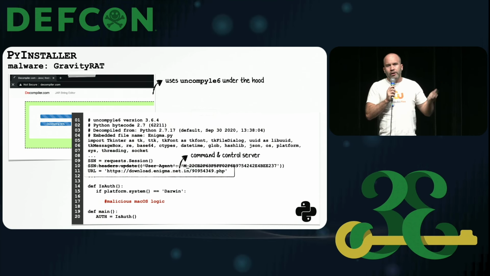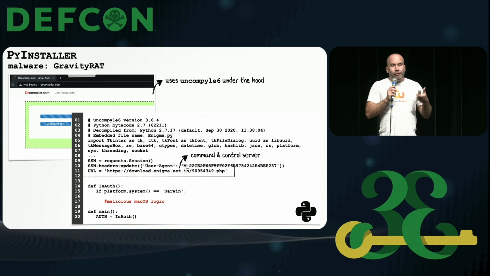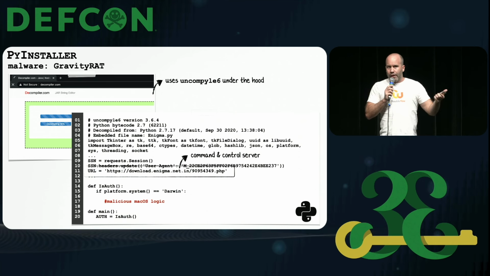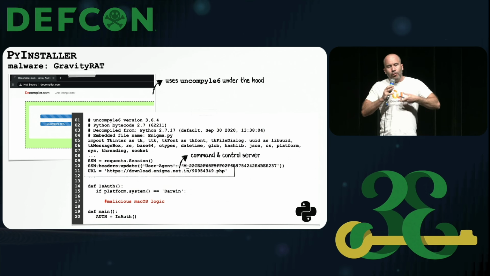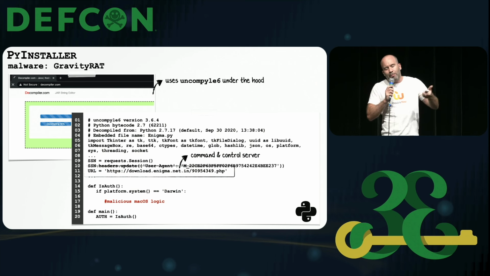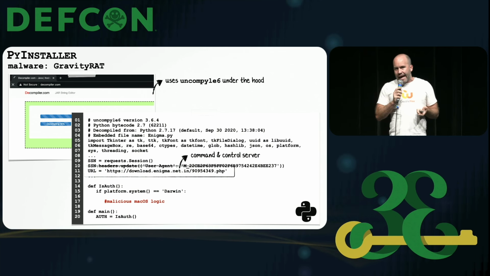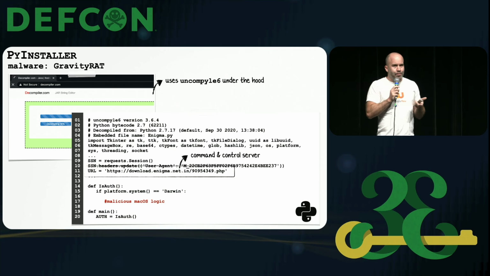So you can just upload it to one of those or use the uncompyle command line utility. And if we do that with GravityRAT, the sample that we're looking at here, we can see this reconstructs or recreates the original Python source code or a representation thereof. And as we can see, Python source code is very easy to analyze. And even if you don't understand Python, just give it to ChatGPT and it'll tell you exactly what the malware is doing.